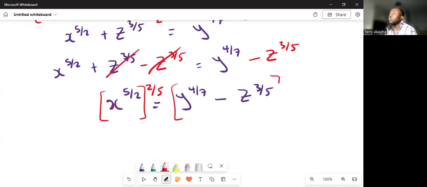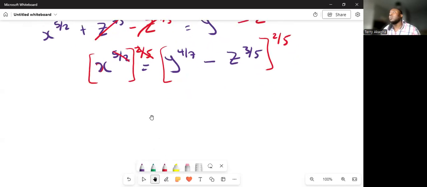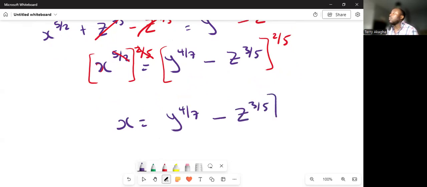And we'll also raise this to 2 over 5. So this will cancel that. Then we now have x equal to y to the 4 over 7 minus z to the 3 over 5, all raised to the power of what?